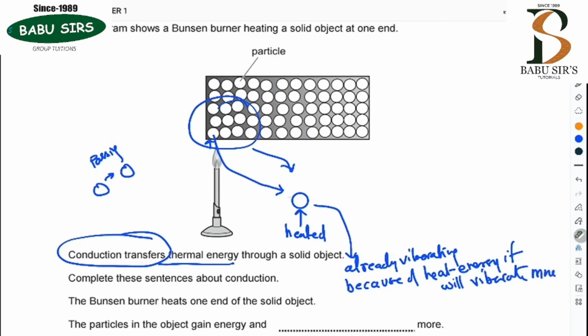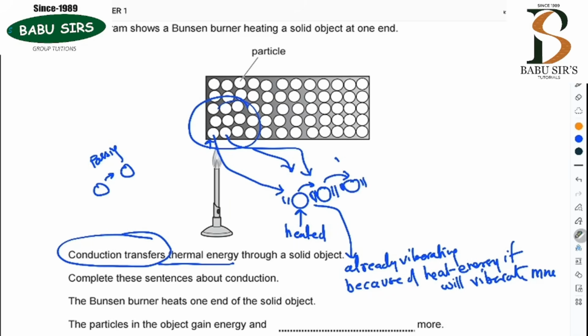So here you can see this particle, because it is getting more energy, it will start vibrating more. When it starts vibrating more, it will collide with this one, which is next to it. And because this is vibrating, this one will also start vibrating more. In the same way, this one will hit the next one, and this one will also start vibrating more.